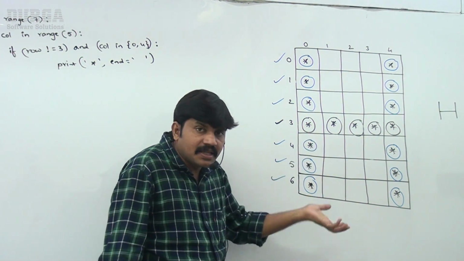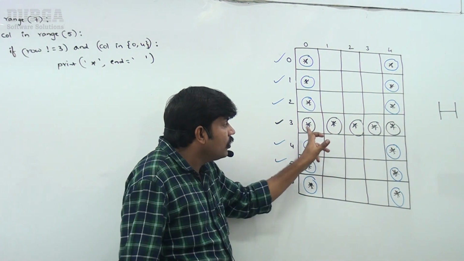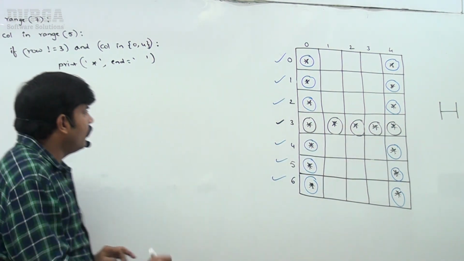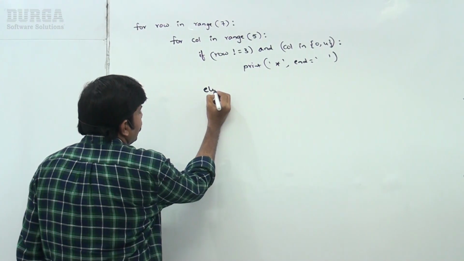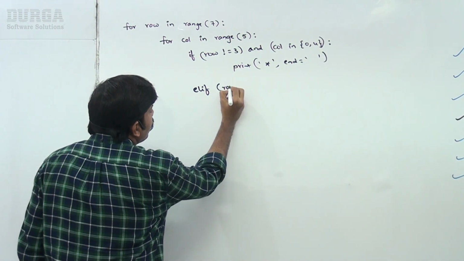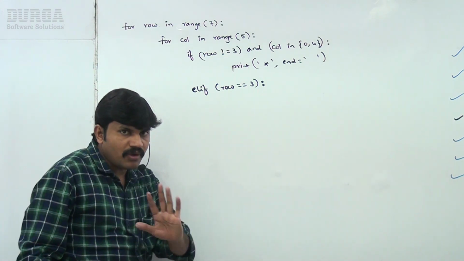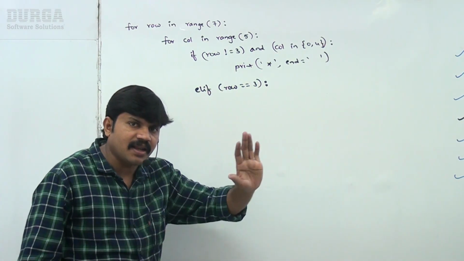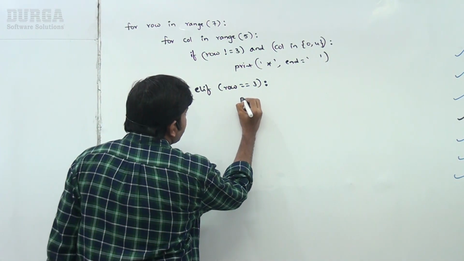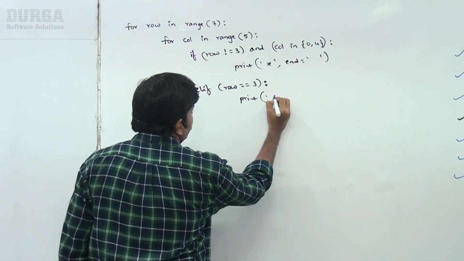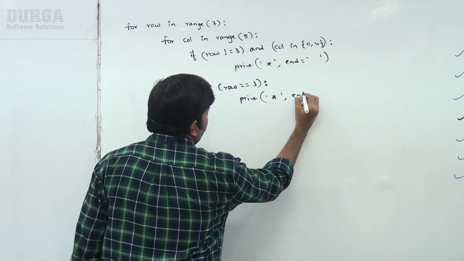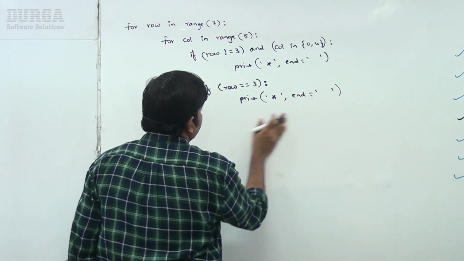So let me take the third row with a star symbol everywhere. Now elif row is equal to 3. There is no column restriction, because in every column I want a star. That's why print star symbol, end is equal to space.